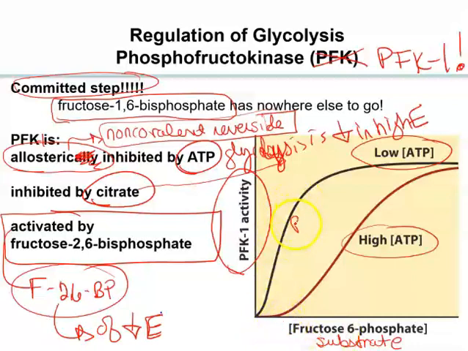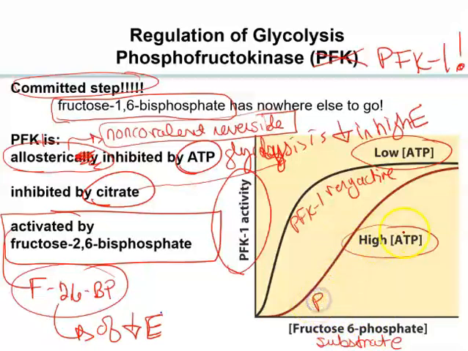So PFK1 is very active in low ATP or low energy conditions. When there's a lot of ATP present, you can see that even at higher substrate concentrations, at high fructose 6-phosphate concentrations, there's not much activity of our PFK1.